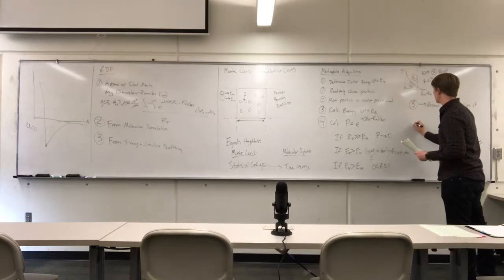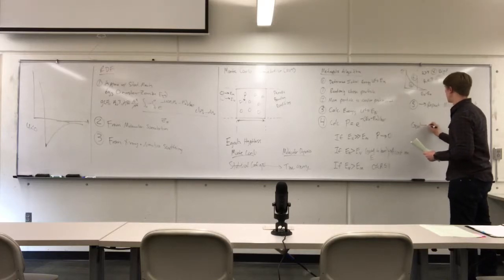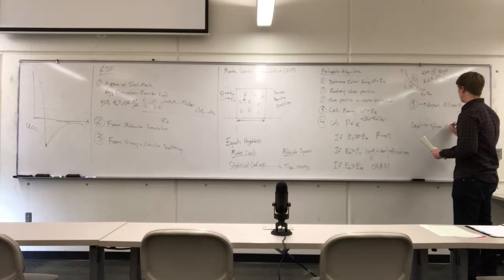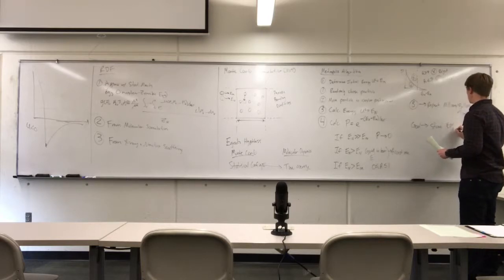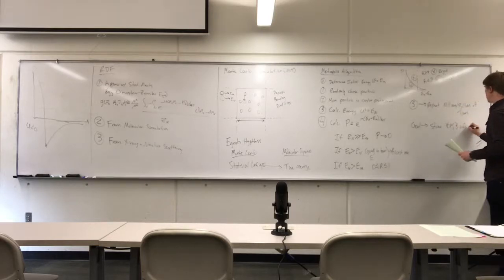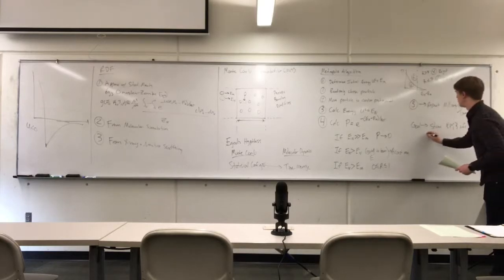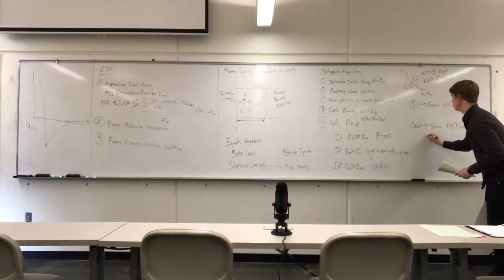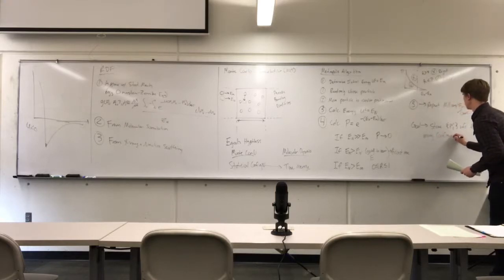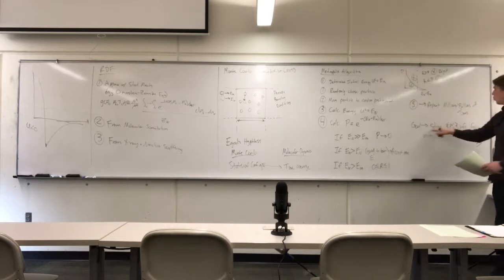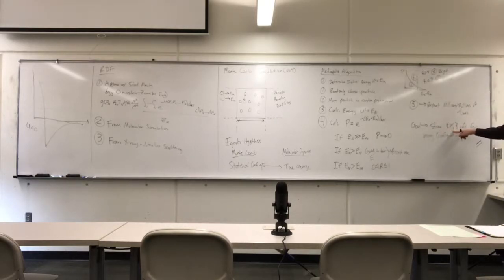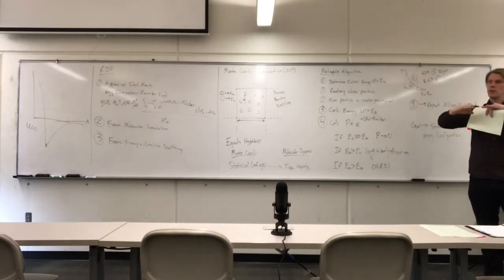Then the goal is we want to store the atomic positions for many, many configurations. And after a long time, the average energy of the system will reach an equilibrium.